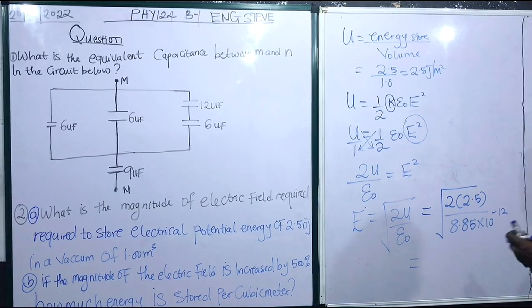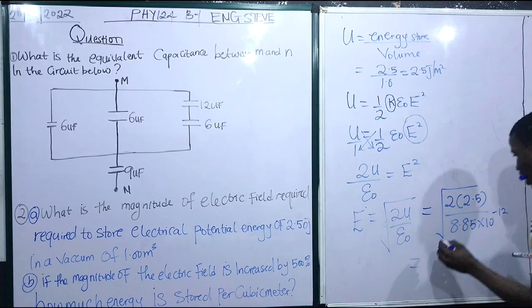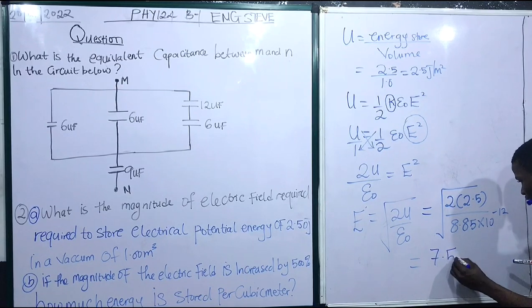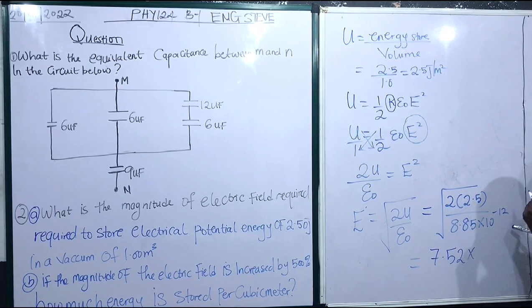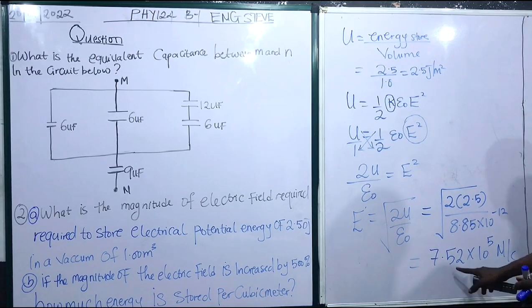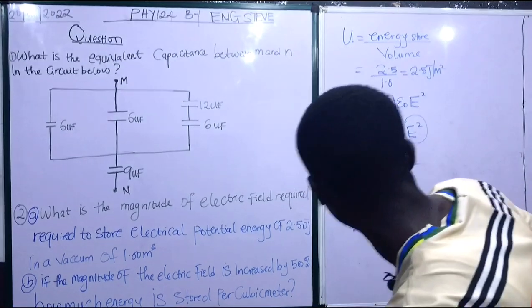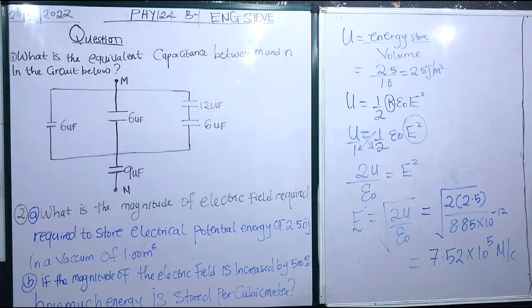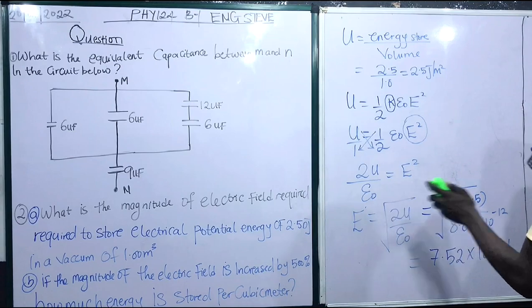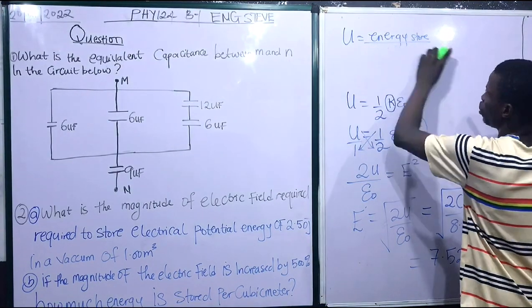If you solve that correctly, we'll be having 7.52 times 10 raised to the power 5 Newton per coulomb as your answer. So let's solve the second part of the question.